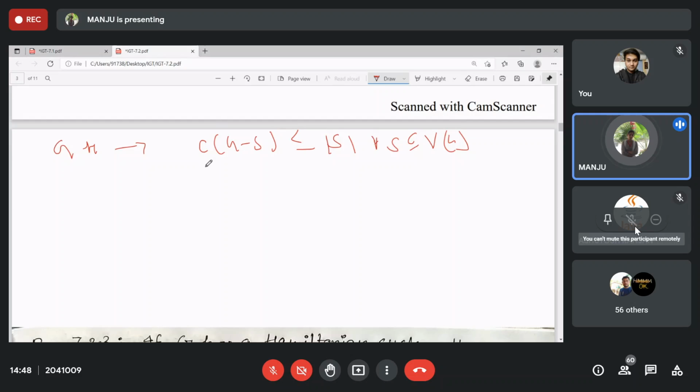So the number of components of G minus S will be at most equal to the number of vertices removed. Clear?